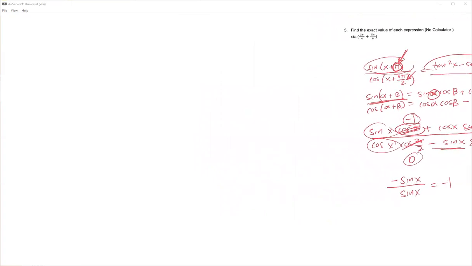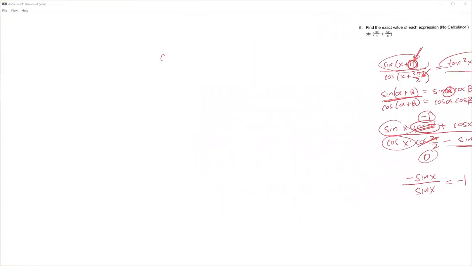All right. So number 2, we have the cotangent of x minus 1 over the cotangent of x plus 1 equals 1 minus tangent x over 1 plus tangent x.